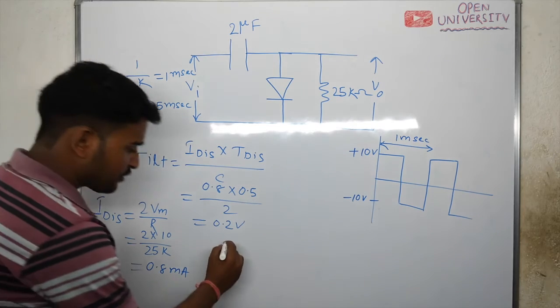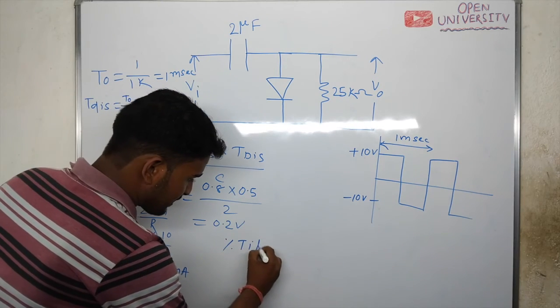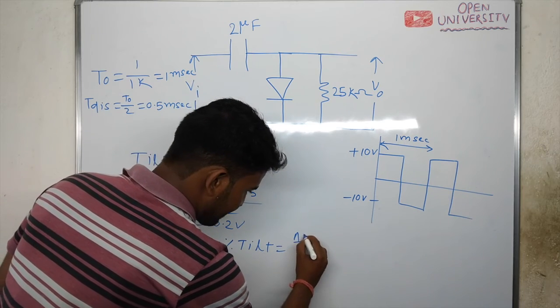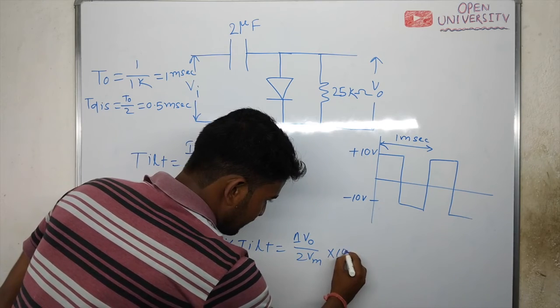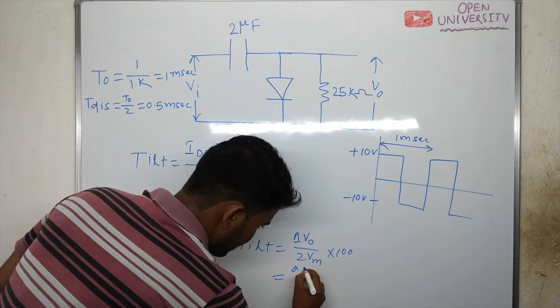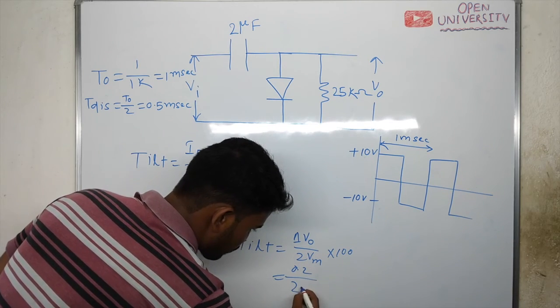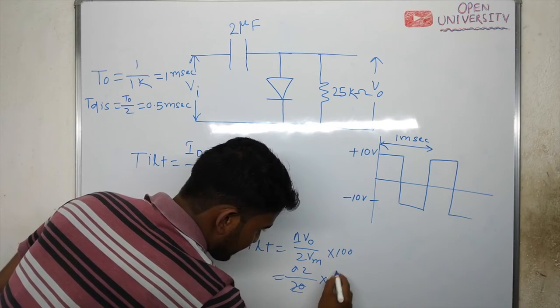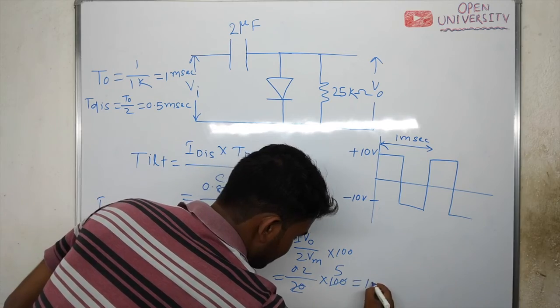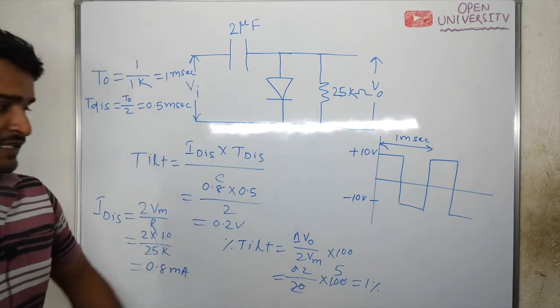But it is asked to find the percentage tilt. Percentage tilt will be delta V naught divided by 2 Vm into 100. Delta V naught is 0.2 volt, and 2 Vm is 2 into 10, that is 20 volt, into 100. 20 and 100 cancel, that is 5 into 0.2, that is 1%. So percentage tilt is 1%.